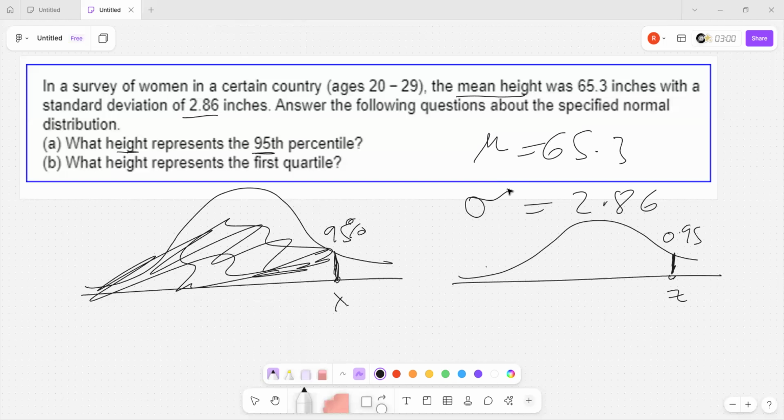But this time from the table, I have the probability, but I don't have the Z. So I will search for the Z from the probability I already have, which is 0.95. Look. Okay, makes sense.